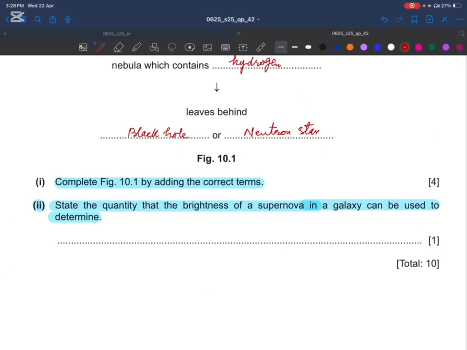You can determine the distance from the Earth to a galaxy. This is what you can measure or determine when you are considering the brightness of the supernova.